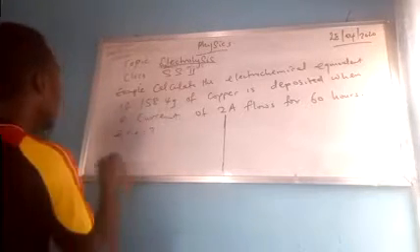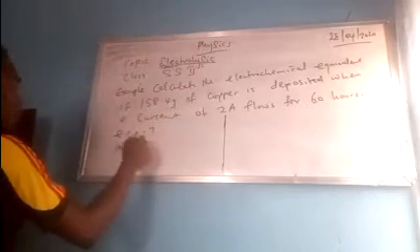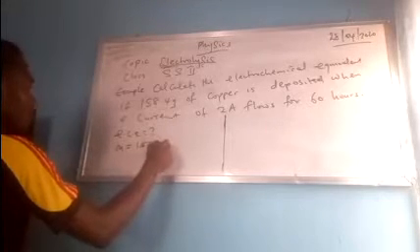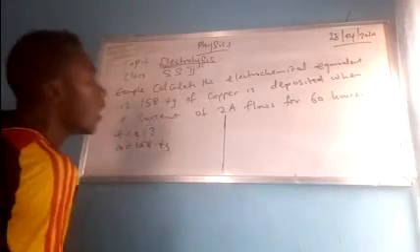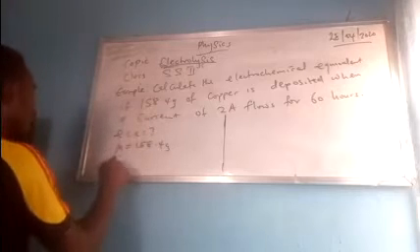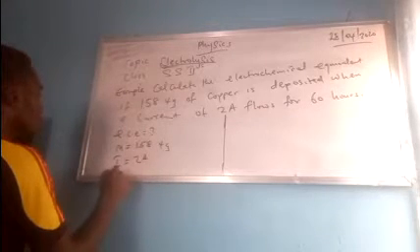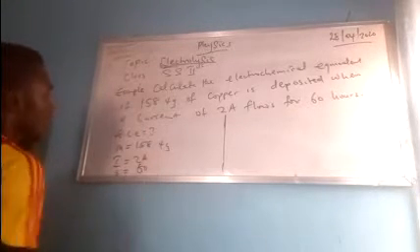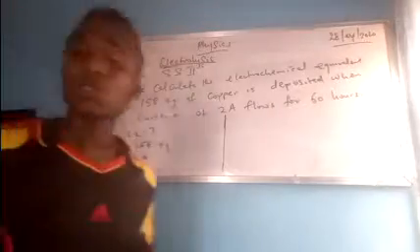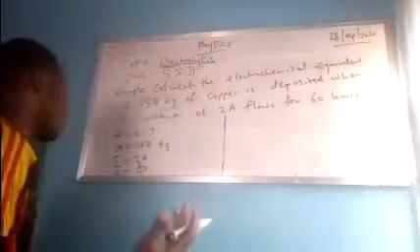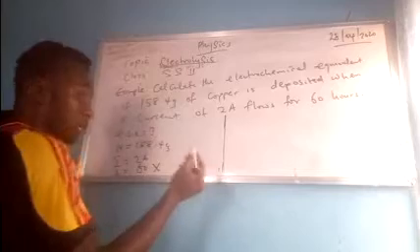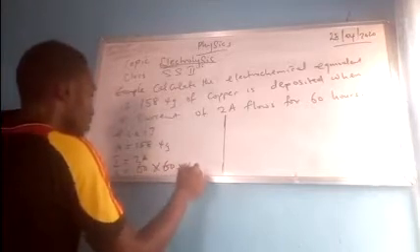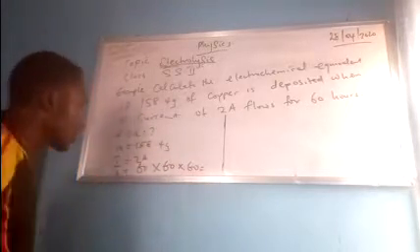Our mass is 158.4 gram, no need to change. Our current I is 2 ampere, and we're given 60 hours, so we have to convert it to minutes and then to seconds by multiplying by 60 times 60.